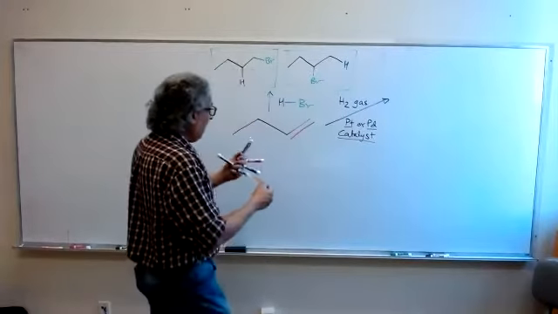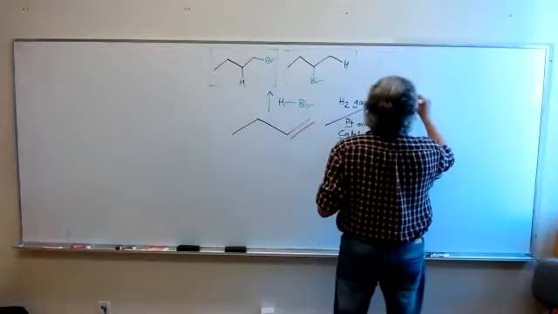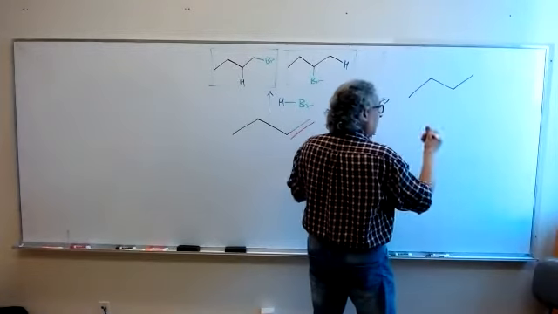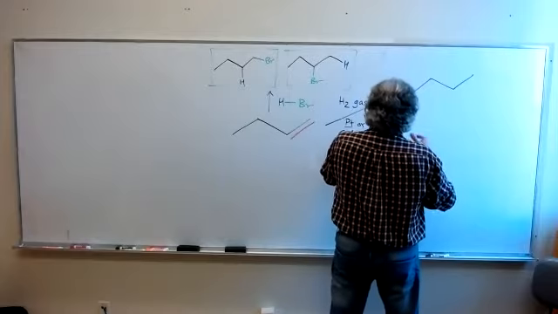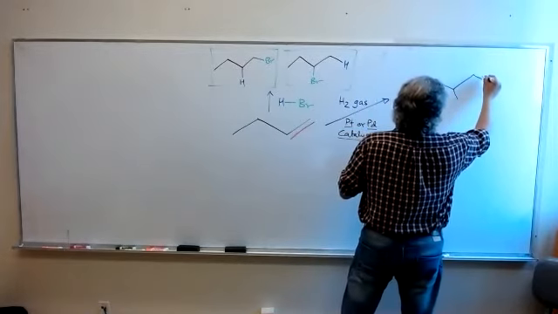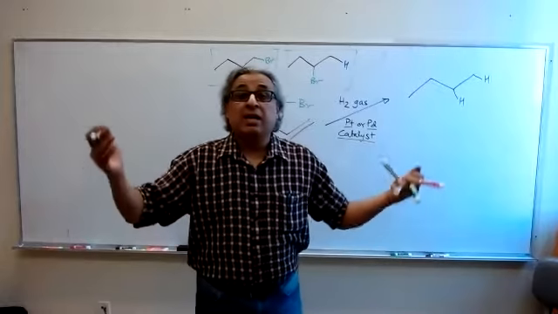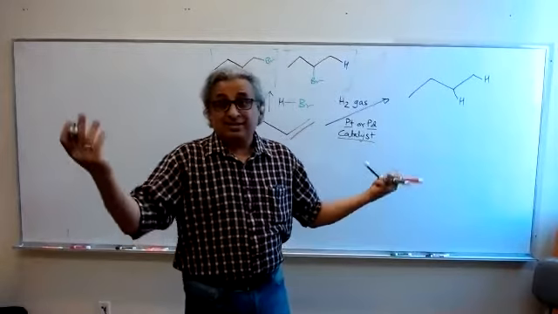What happens? You lose the double bond and you add hydrogen across the double bond. So basically, you make an alkane from an alkene. That's it.